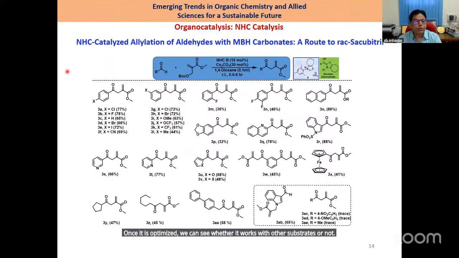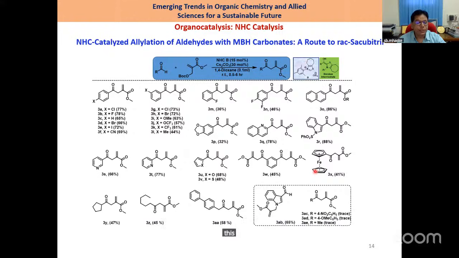We could do that, and many substrates were working under this condition. It was suitable even for heterocyclic moieties, this iron-containing substrate, and even alkyl substrates, though the yield was less. So at this stage, the generalization was truly established with this NHC.